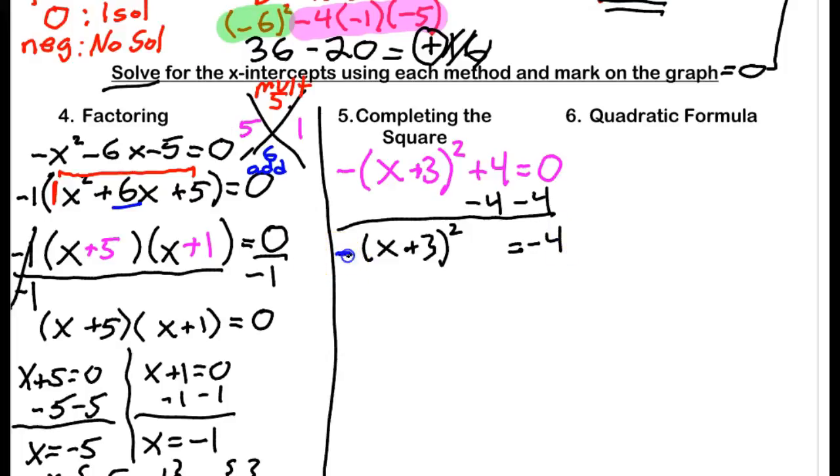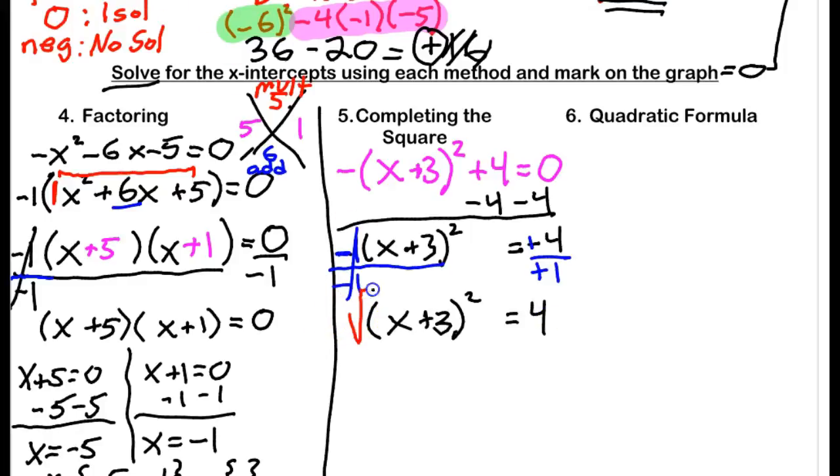This is -1 right here. So like before, like we did on this side over here, let's just divide by -1. That cancels out the negative over negative here. So now I have (x plus 3) squared equals +4.